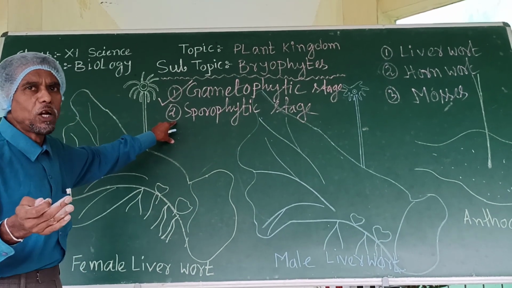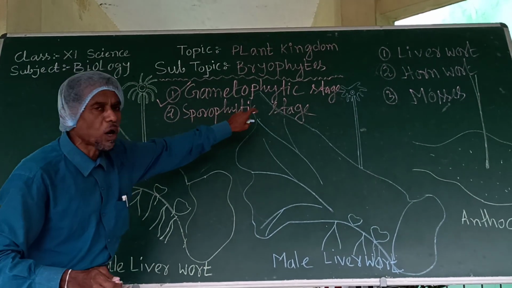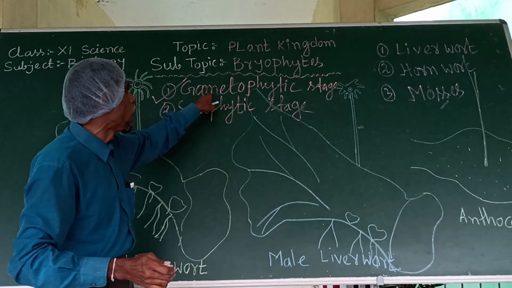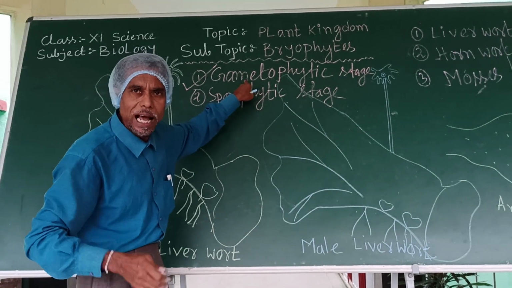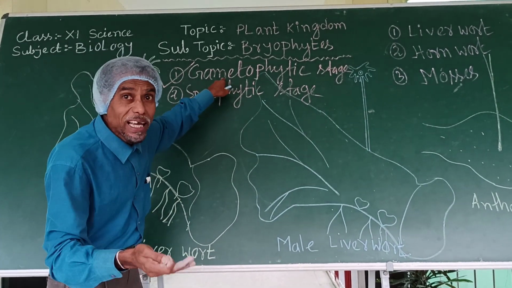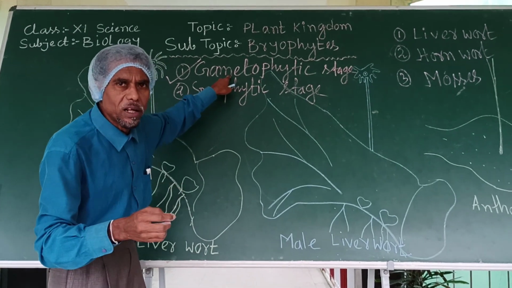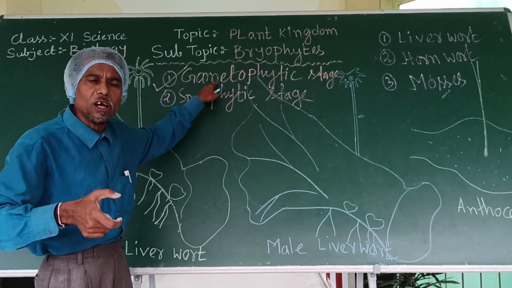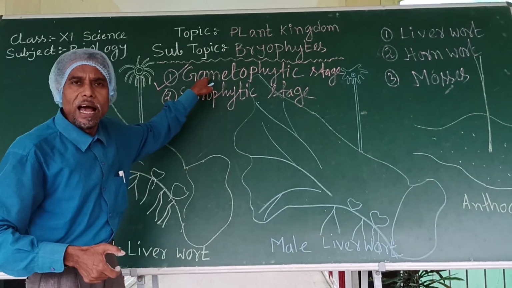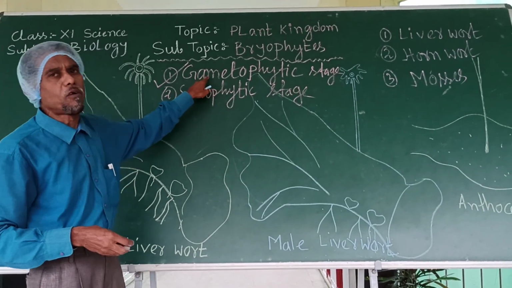This is not predominant and this stage is not free-living. It lives upon the body of the gametophyte as if it's an obligate parasite. Why? Because it is temporarily residing on the body of the gametophyte and drawing nutrients from it.